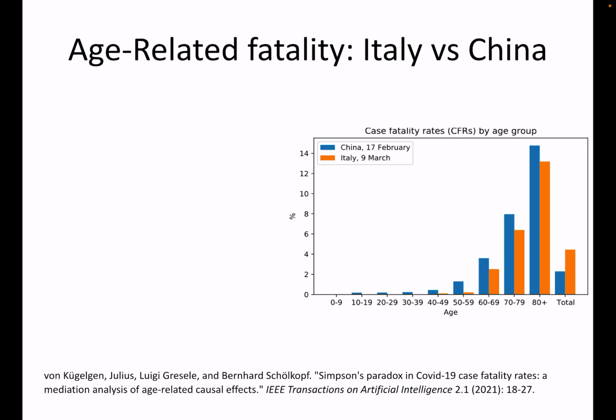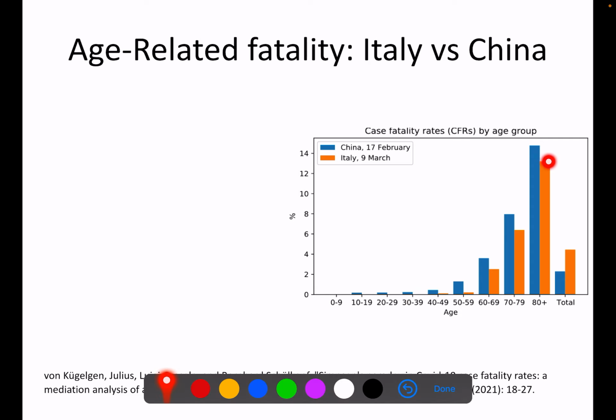So I found another interesting thing about Simpson's Paradox in COVID. This is a new paper that's published in IEEE Transactions on AI. They looked at the statistics of case fatality rates in Italy versus China, and they found out that the fatality rates in Italy are less than China in all age groups, right?